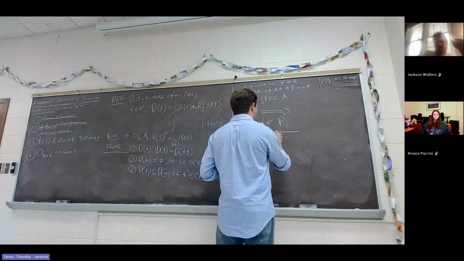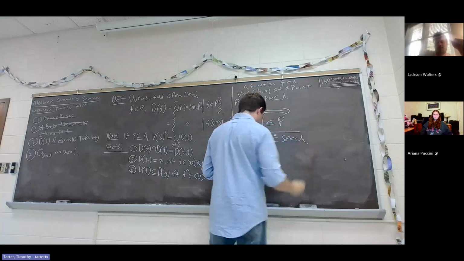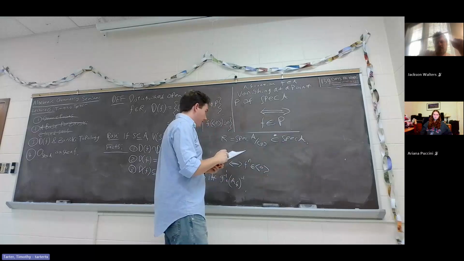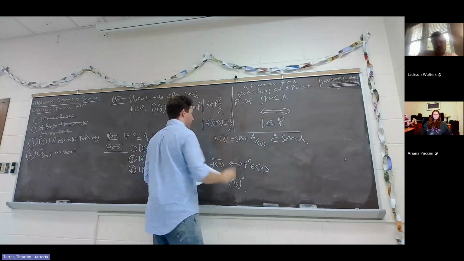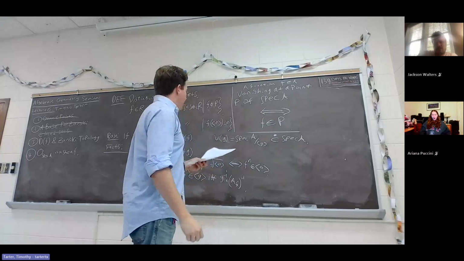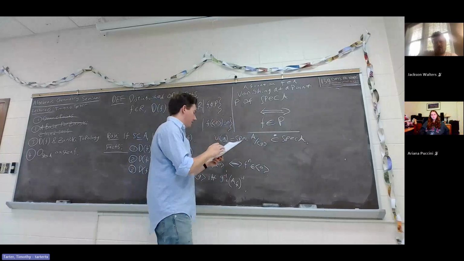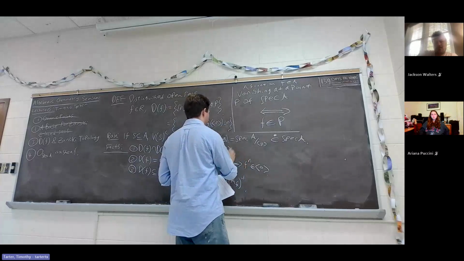This is closed by one of our previous facts in spec A. We'll call this V of G. V of G is a closed subset in spec A, and so its complement, V of G complement, is where G fails to vanish.